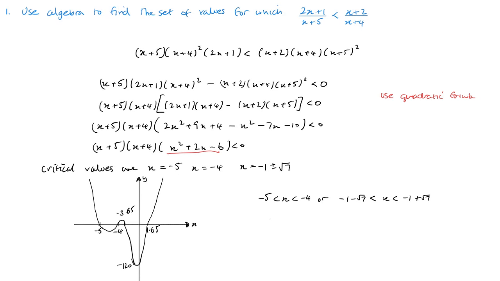And we can write this as minus 5 comma minus 4 union minus 1 minus root 7 comma minus 1 plus root 7.